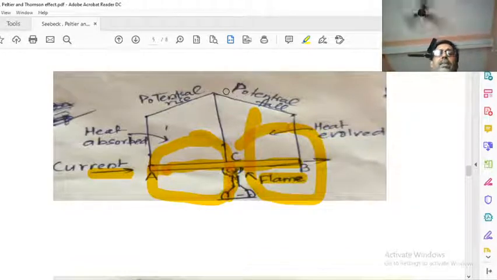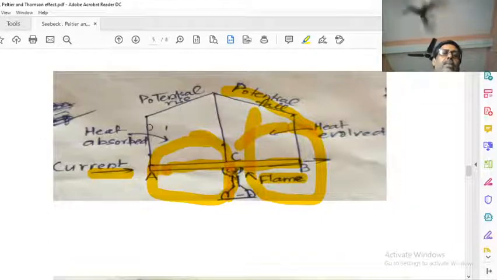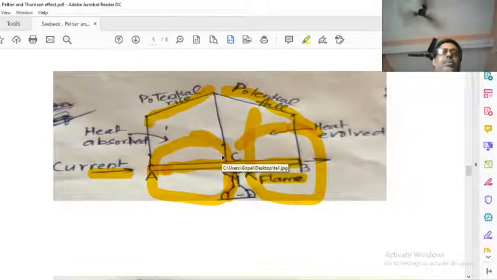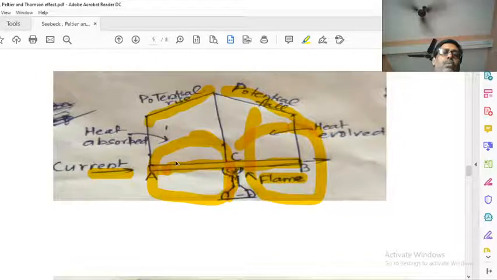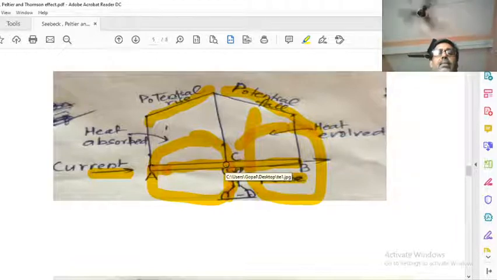Heat evolved means a fall of potential, heat absorbed means a rise of potential.